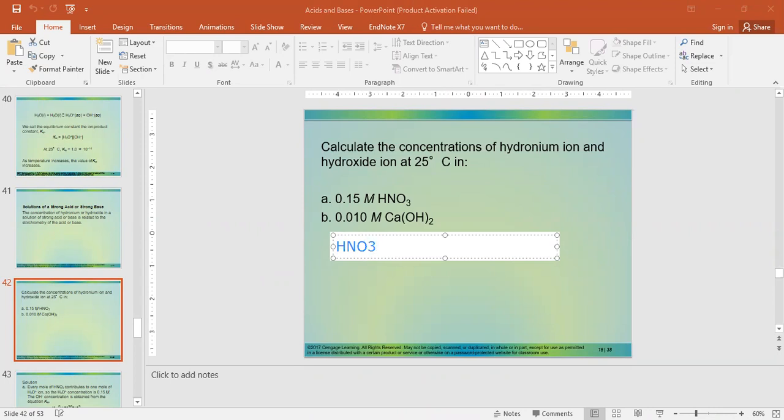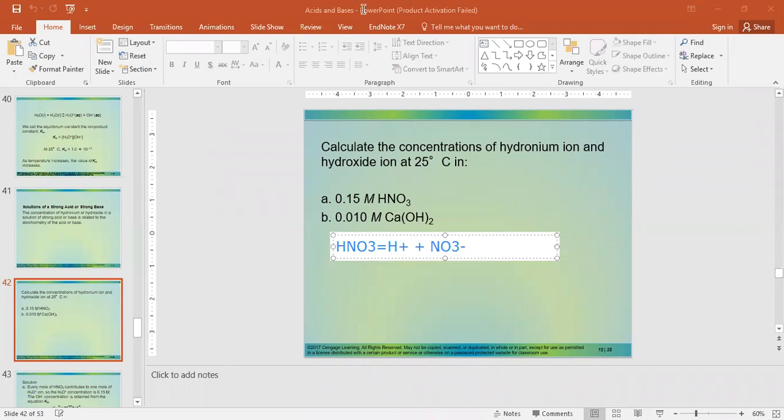And once it dissociates, it will give you hydrogen ions plus nitrate ions. That is what happens when this nitric acid dissociates.